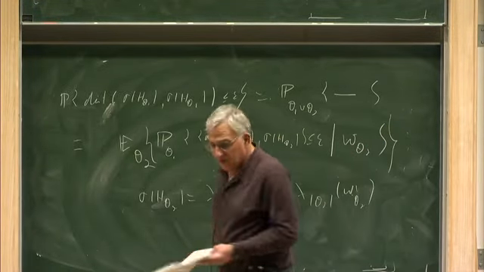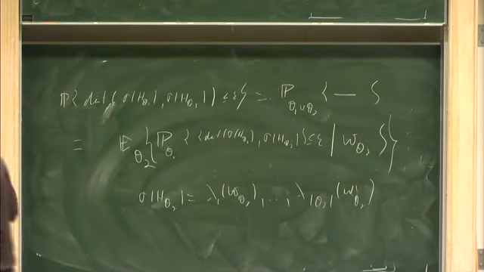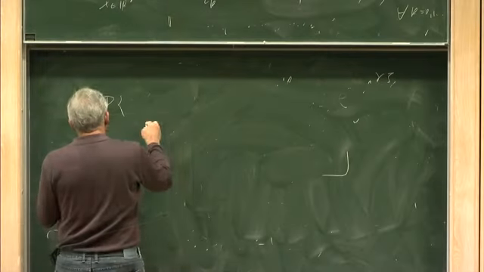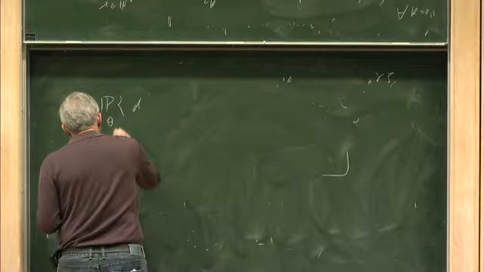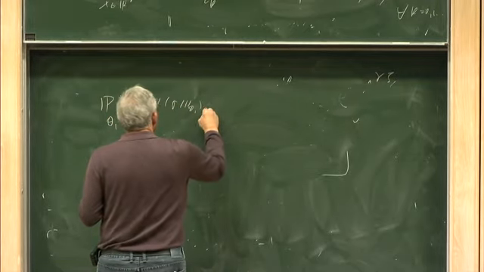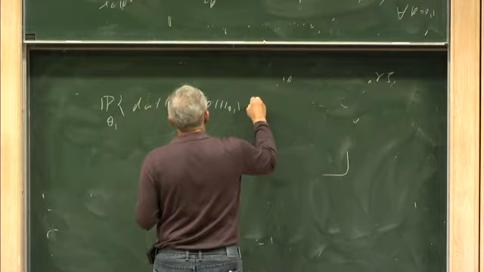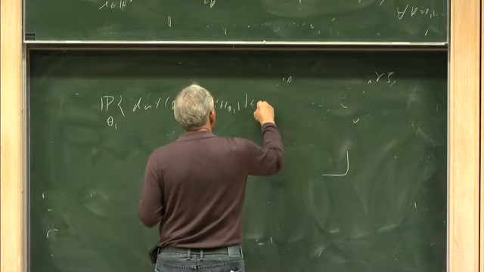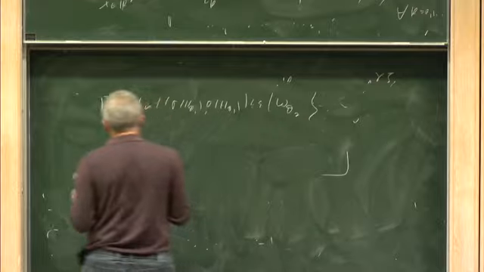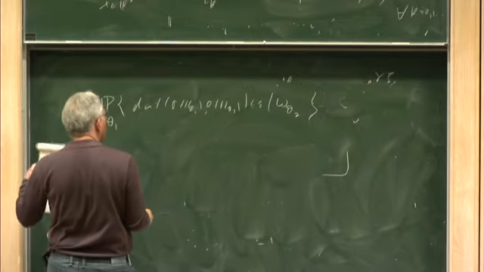And since they do not depend on the variables of theta 1, I simply notice that the probability in theta with respect to theta 1 that the distance of sigma h theta 1, sigma h theta 2 is less than epsilon, once I fix this variable, is less than or equal.